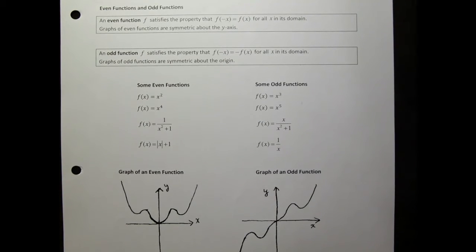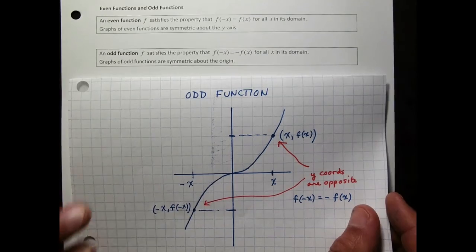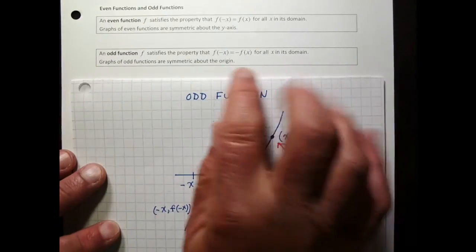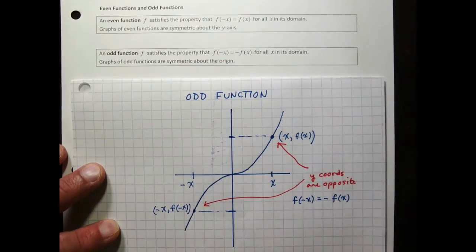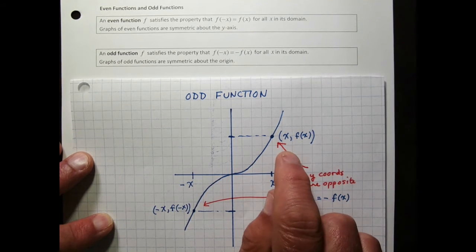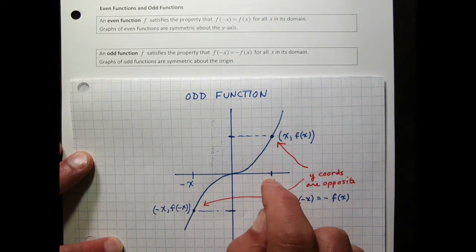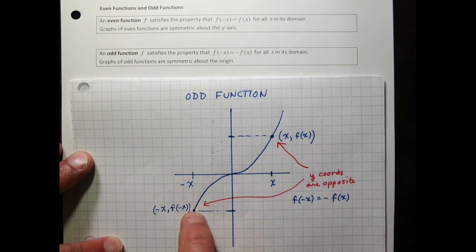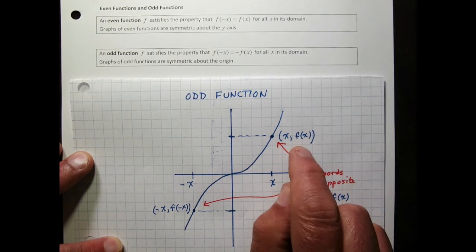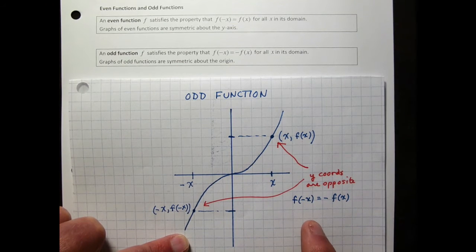For an odd function, the picture looks something like this. So the statement about this, f of minus x equals minus f of x for an odd function. In an odd function, if you take an x and its opposite and you look at the points on the graph that correspond to them, we're saying the y-coordinates are opposite each other.